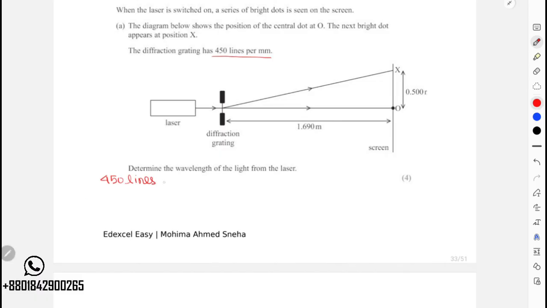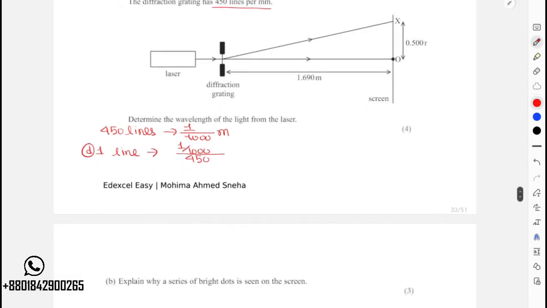So 450 lines in 1 millimeter, right? This is going to be 1 over 1000 meter. In that case, the spacing between one line, the value for your d, is going to be 1 over 1000 divided by 450, which is 1 over 450,000.